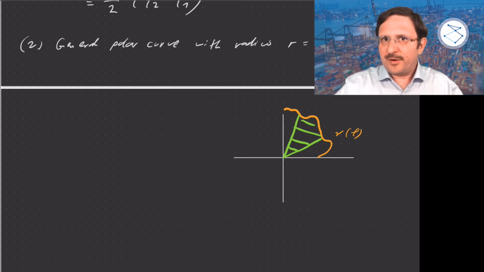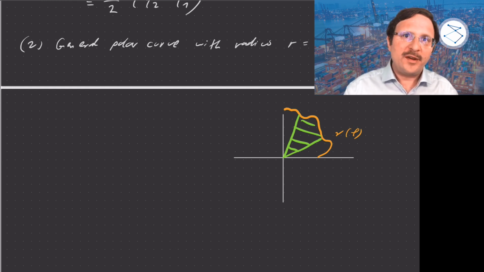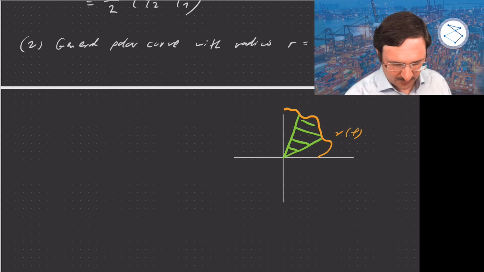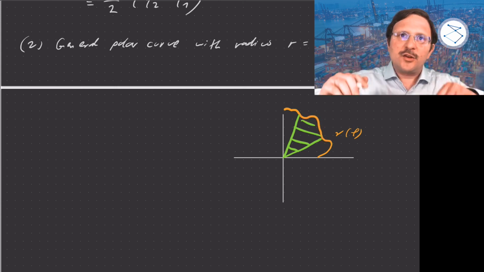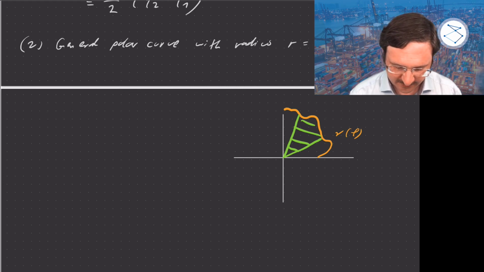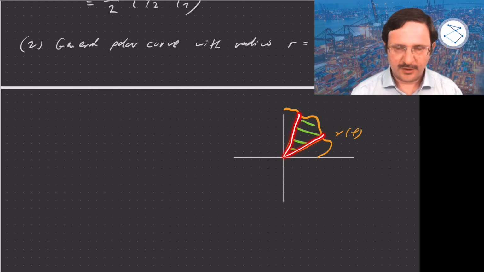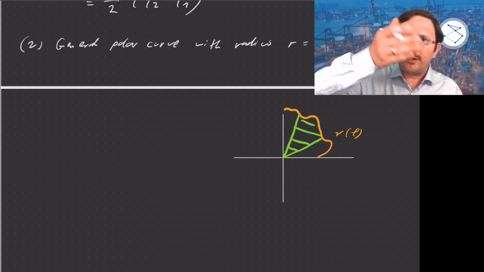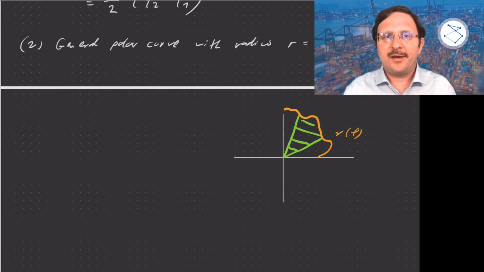Well, you might remember that we defined integrals in the one-dimensional case in a similar fashion. You could see that as the graph of a function over a given interval. In this case, the difference is the interval is given by angles, not on the real line. What we did is we subdivided that interval into smaller and smaller parts, and we approximated the area through rectangles.